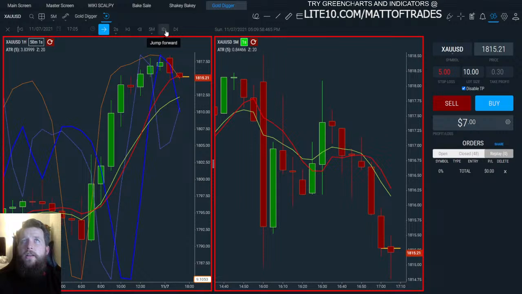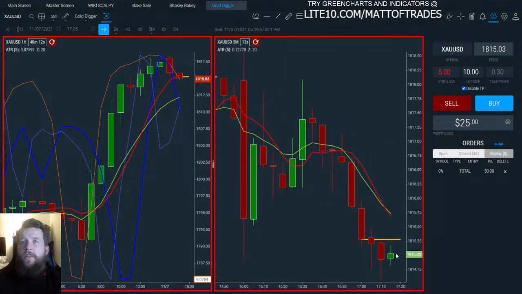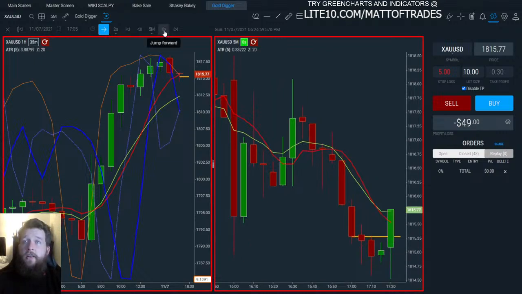Okay. So if we're in profit, we close the trade when it closes, if we're selling, above the body of the previous candle. If we're rolling a negative P&L for the trade, then we keep the trade running until our orange and our dotted blue are opposite from when we started the trade.